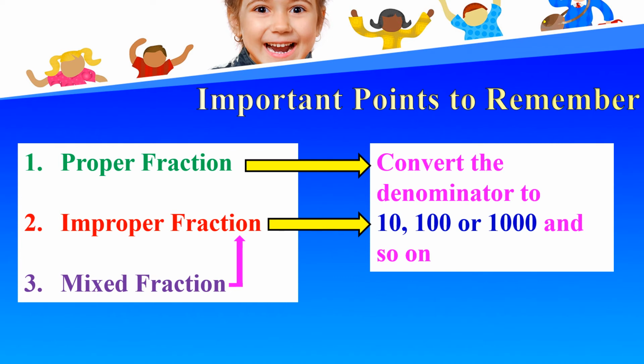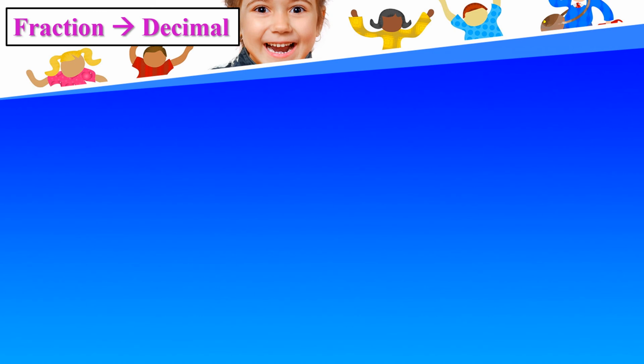For a mixed fraction, we need to convert it into an improper fraction and then convert the denominator to 10, 100 or 1000 and so on. Let us see how to convert a fraction into a decimal using an example.